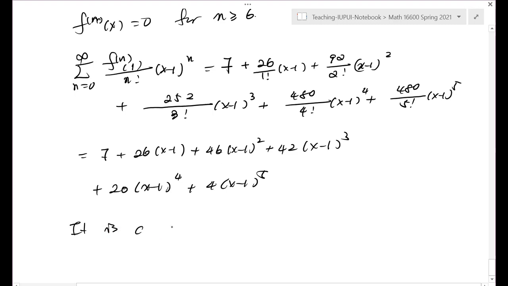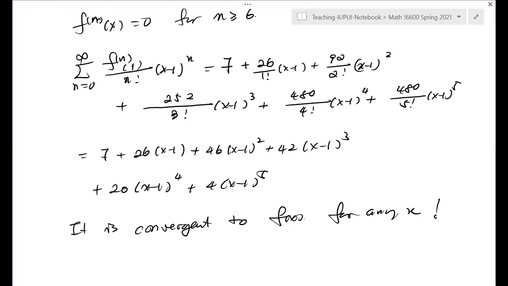It is convergent to the function for any x. So if you're given a polynomial, this is already the power series representation for the function at the origin.